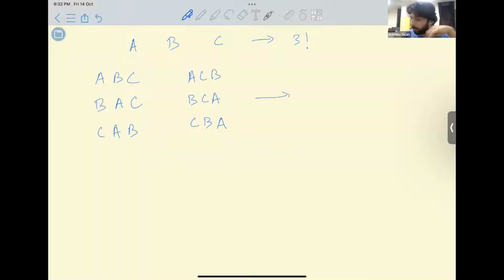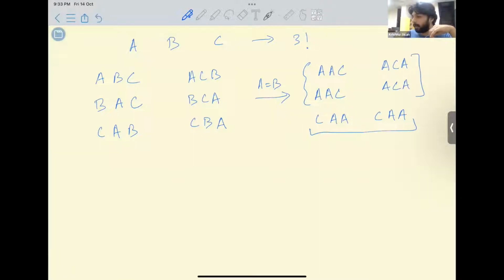Now what you do is you set A is equal to B. So AAC, CAA, and ACA. So now you see that this is the same thing as this, and this is the same thing, and this is the same thing, right?